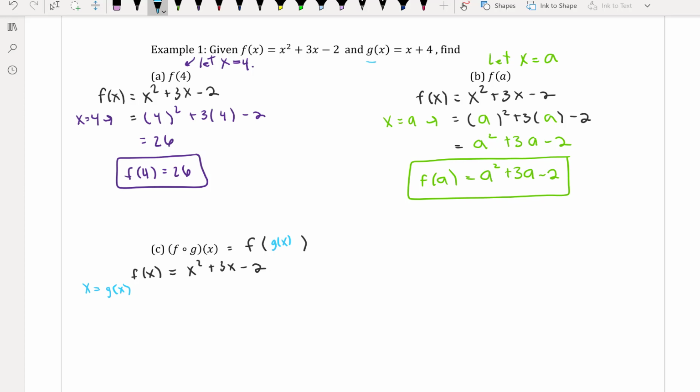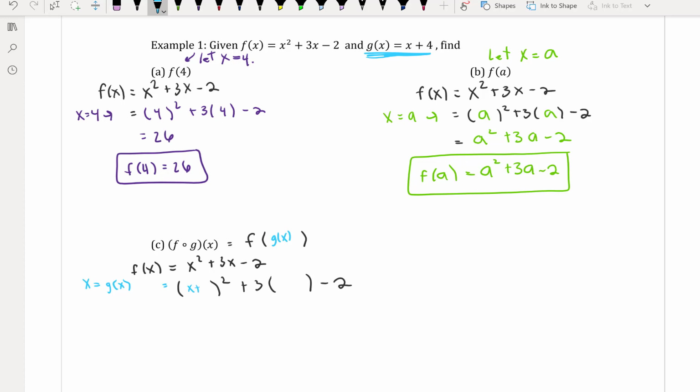Remember, my g of x function is just x plus 4. So I know I'm going to have parentheses squared plus 3 times parentheses minus 2. What I'm plugging into those parentheses is my g function, which is x plus 4.